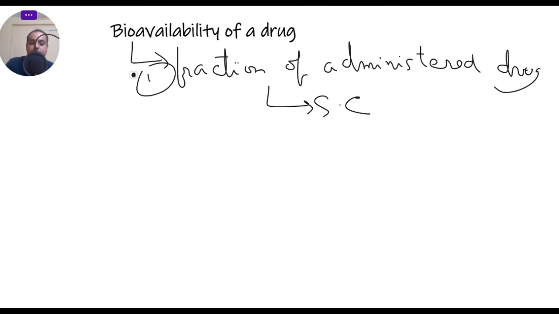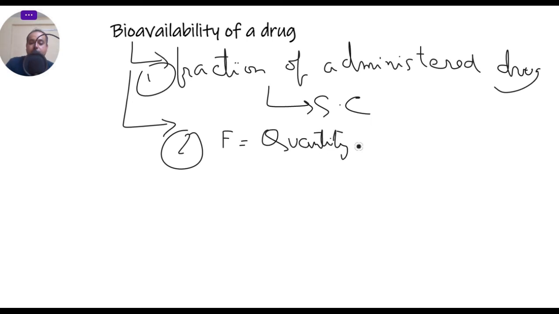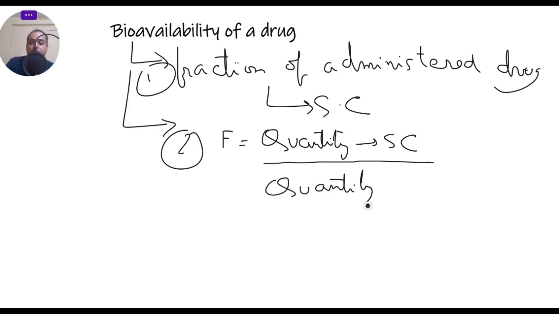That is point number one. Second thing what we have learned is that we can represent it in the form of the quantity of the drug that will reach the systemic circulation, upon the total quantity of the drug administered.